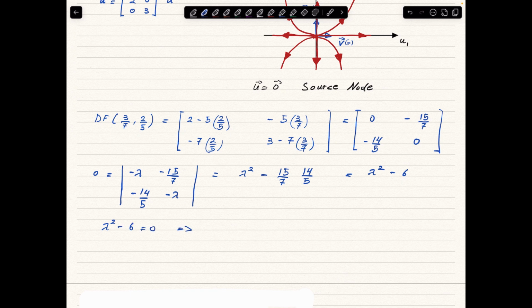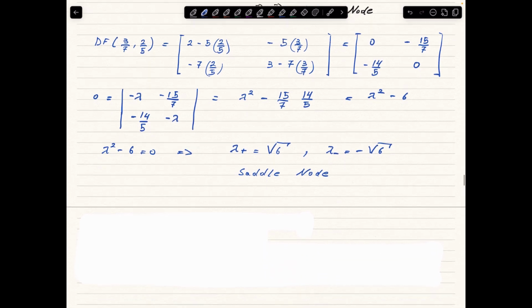So we have eigenvalues lambda plus, which is going to be the square root of 6, and lambda minus, which is negative square root of 6. So one positive, one negative, so we have a saddle for the behavior of the solution of this linear system.